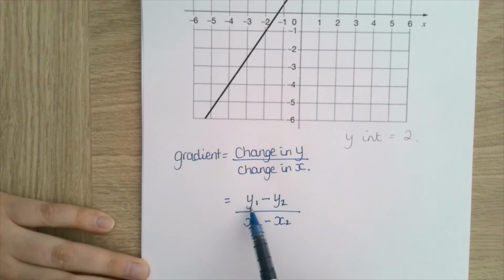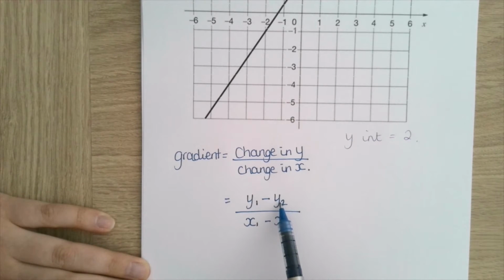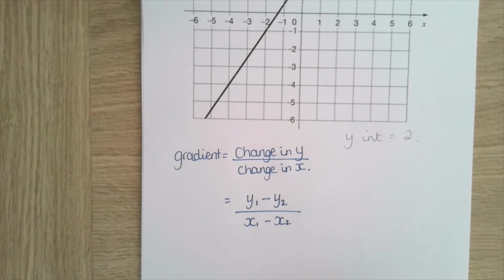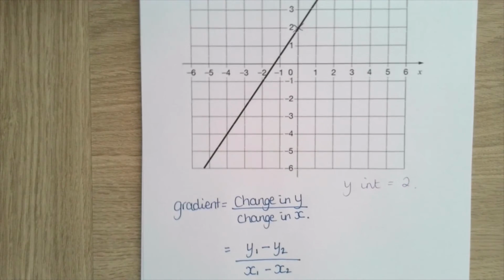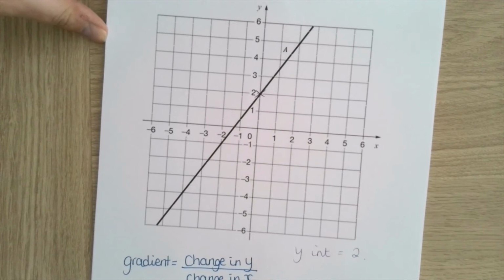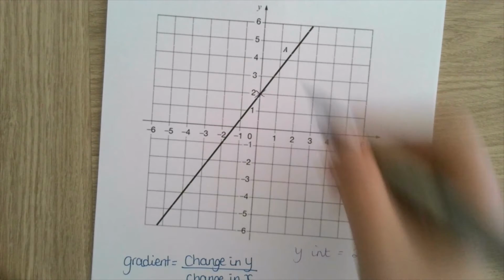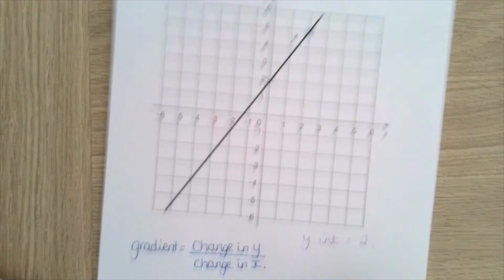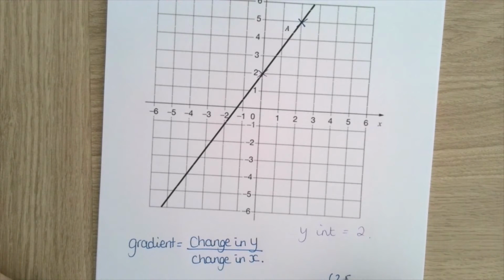So we've got y1, first one, minus y2, second one, over x1, first x value, minus x2, our second x value. So for the purpose of this question, I am going to pick two coordinates. So I'm going to pick 2, 5. So I've got 2, 5, and I have got, what should we go for?